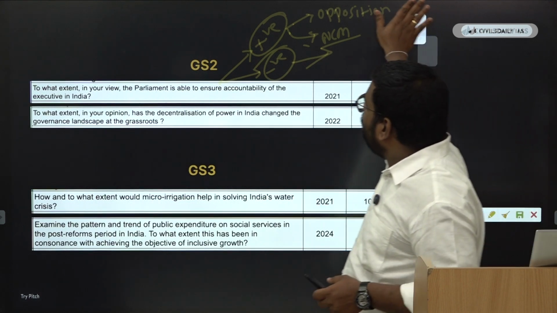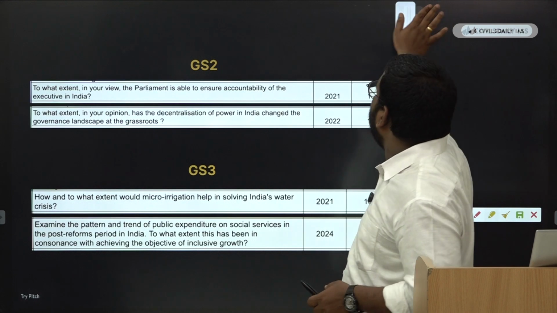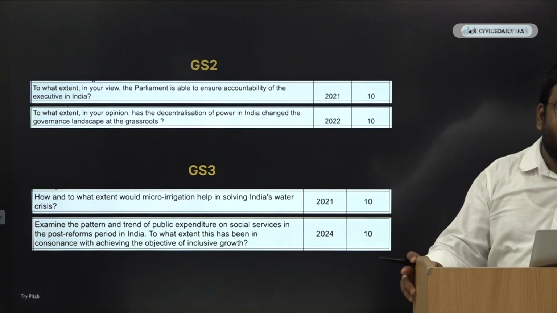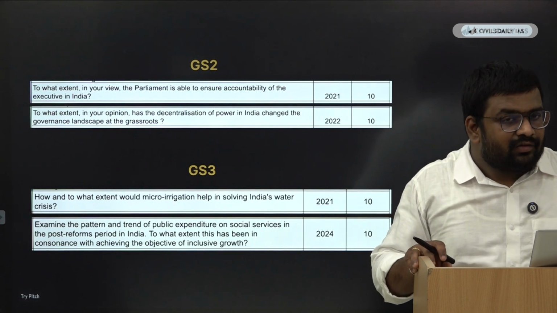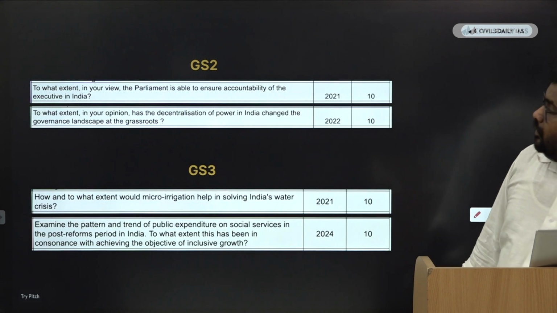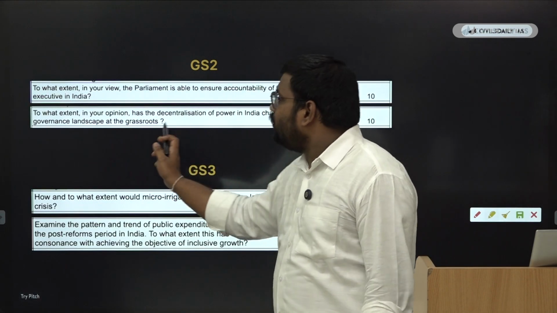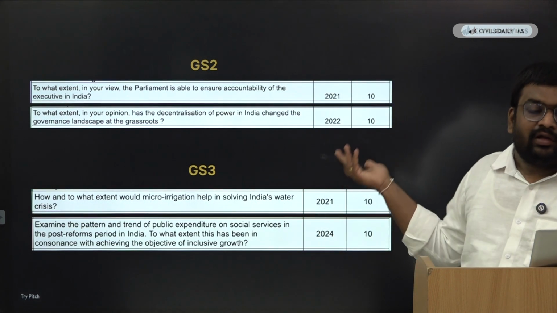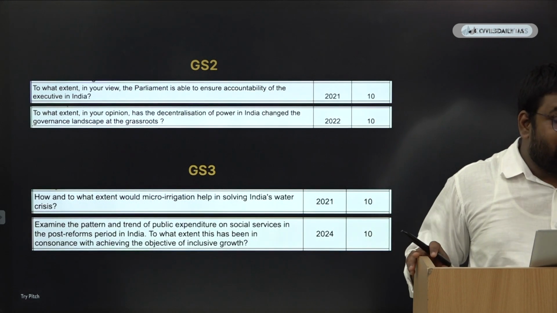But each and every point that you will be writing needs to be substantiated using specific evidence, that is specific example, or better, specific data. Then, to what extent in your opinion has decentralization changed the governance landscape at the grassroots? Again, positive sides of it, negative sides of it, but your points need to be substantiated with data.